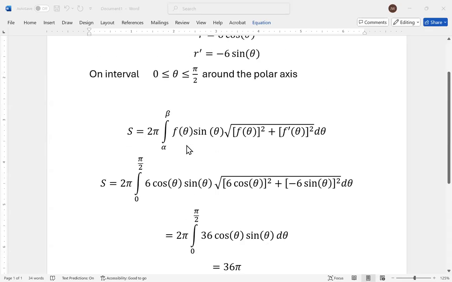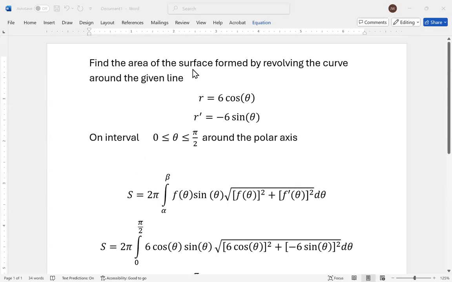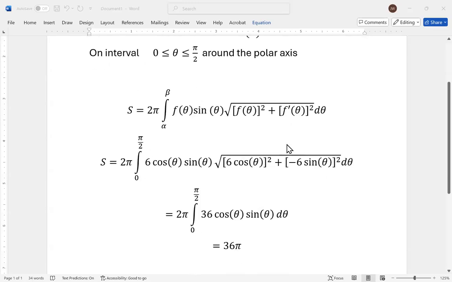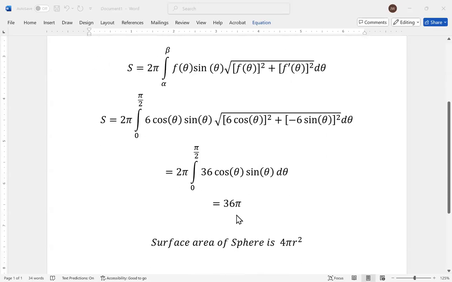So there you go. There's the surface area of this object revolved around the polar axis. We got 36 pi, which meshed with our surface area of a sphere that we knew was going to happen.